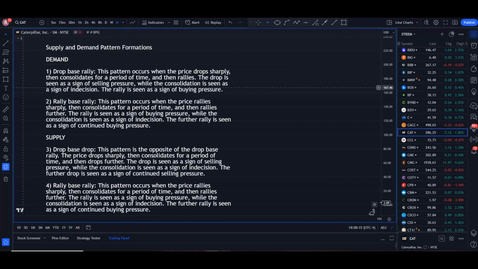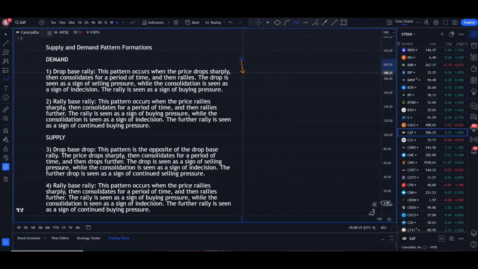When it comes to supply and demand pattern formations, there are four. You have the first one, drop, base, rally. This pattern occurs when the price drops sharply, then consolidates for a period of time, then rallies.